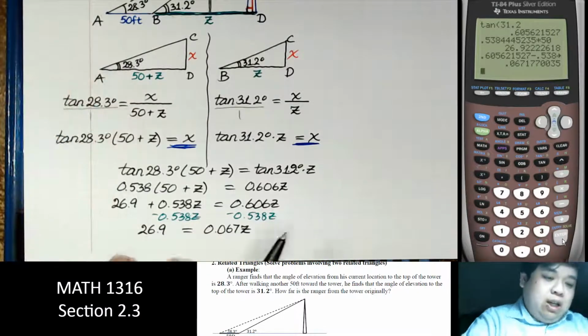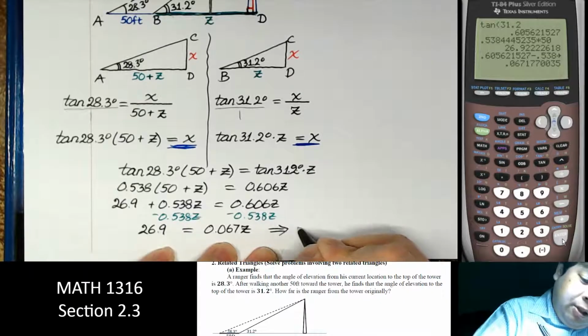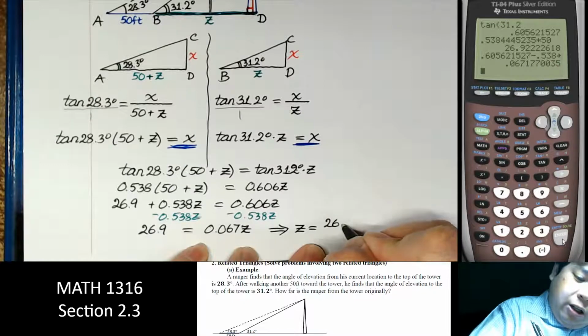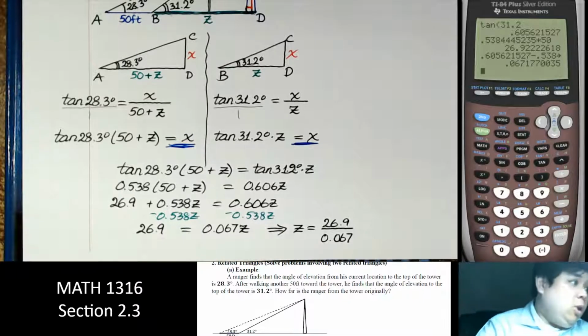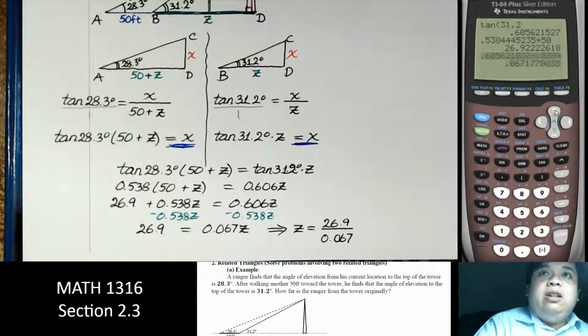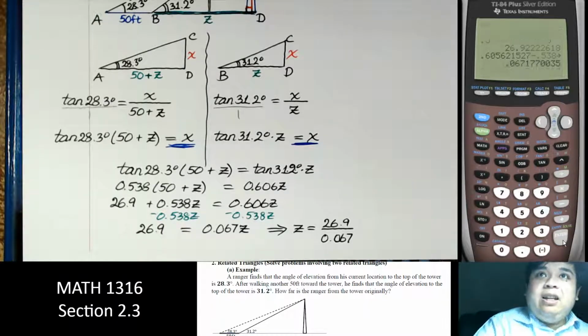And to solve for z, we take 26.9 divided by this number. So z equal to 26.9 divided by 0.067. Right. Notice that I will not divide by this number by hand. I just go to the calculator, highlight the number, hit enter, divided by, highlight that number, hit enter.